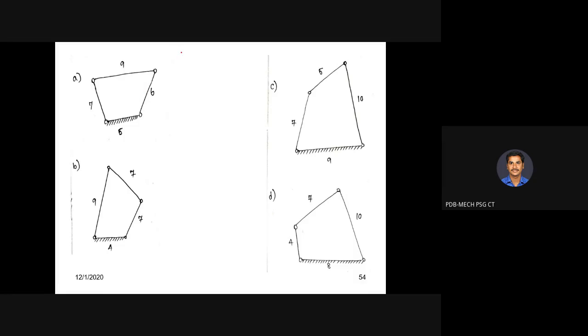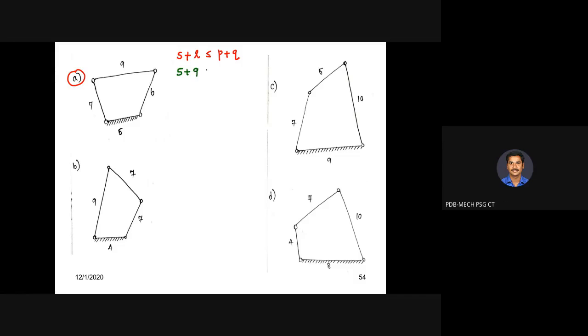We know that Grashof's criterion: the sum of the smallest and largest should be less than or equal to the sum of the other two links, P plus Q. Which is the shortest link in the first case? A. 5, sir. 5 is the shortest link. And which is the largest link? 9.